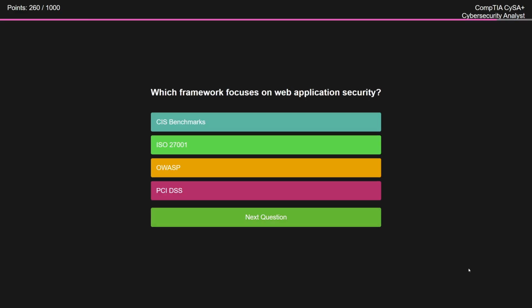Which framework focuses on web application security? And I know this because I've seen a lot of people say this, but this is going to be OWASP. Because I see the OWASP Top 10 vulnerabilities all the time, where it's like, here's this certain web vulnerability.